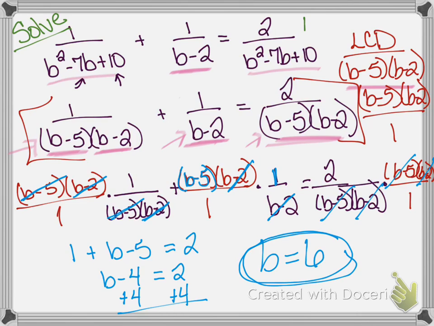Here, you multiply everything by the LCD. Okay? By your second or third step, you will have eliminated your denominator. That's your goal when you are solving. You want to eliminate the denominator.